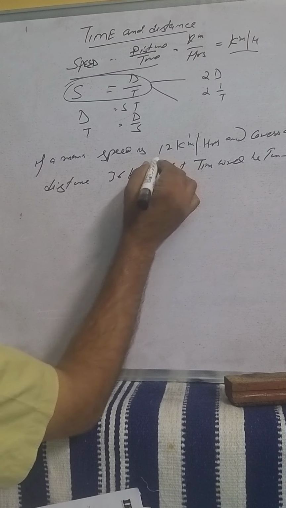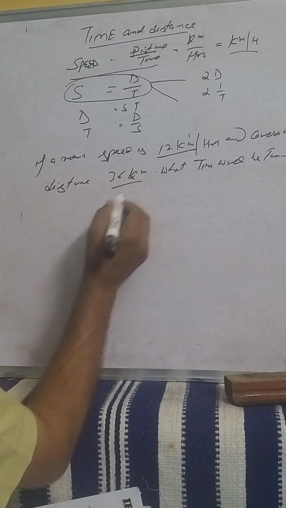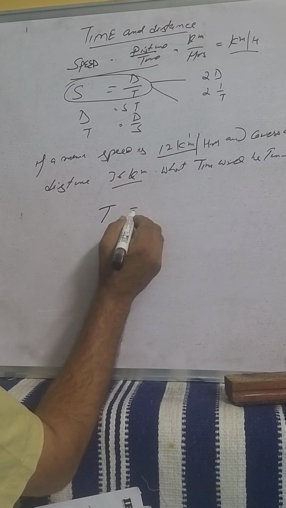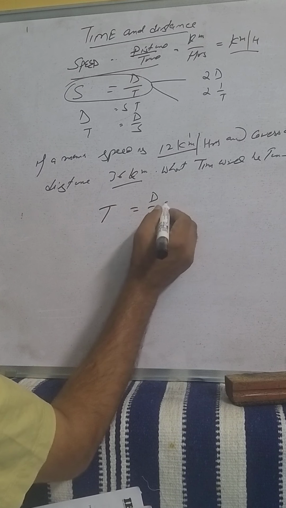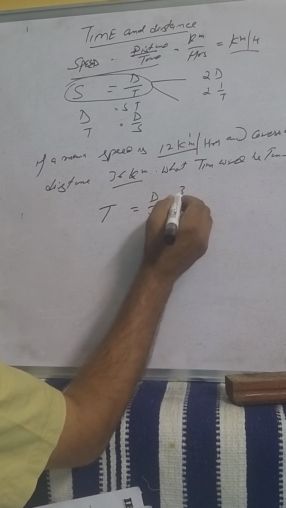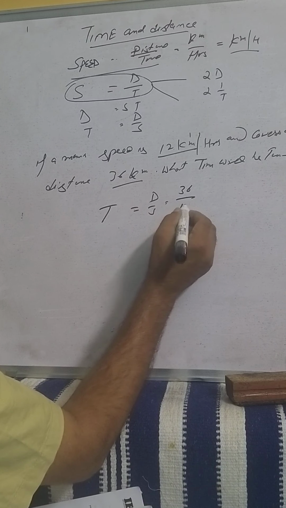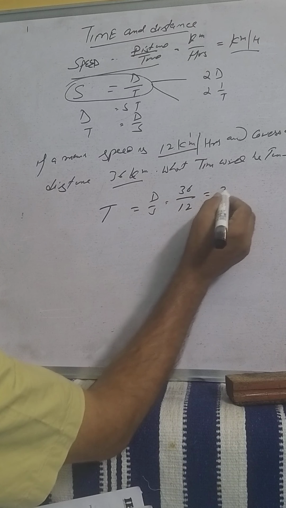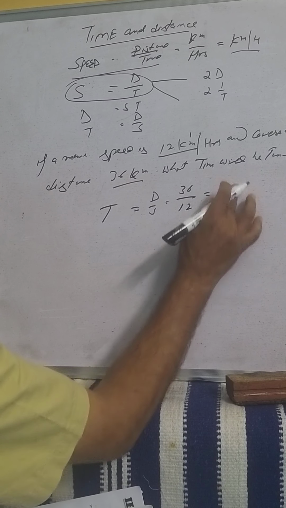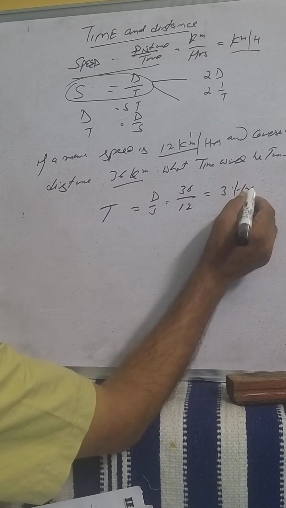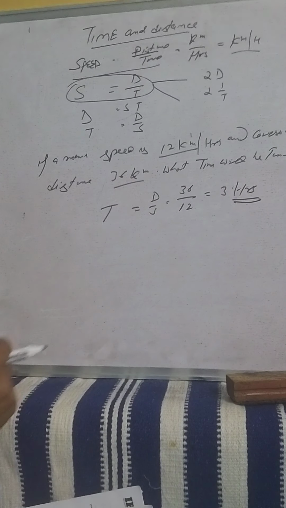Now here speed is given, distance is given, so we can find time. Time is equal to d by s, that is distance by speed. This is equal to 3 hours. The time is 3 hours.